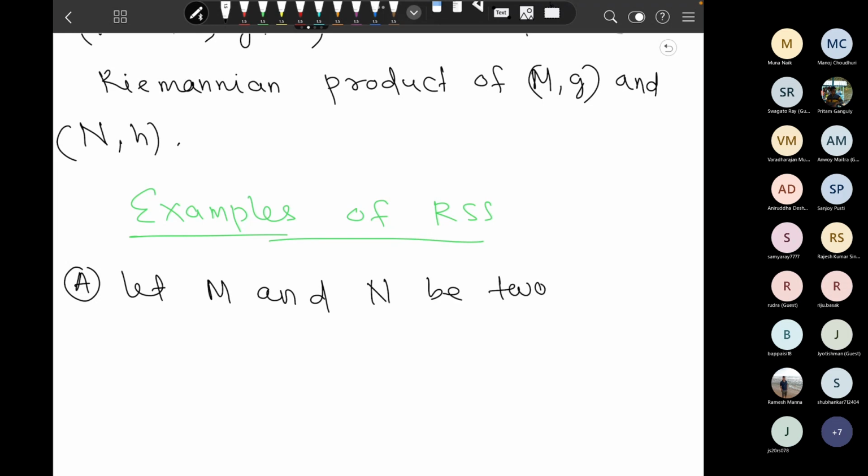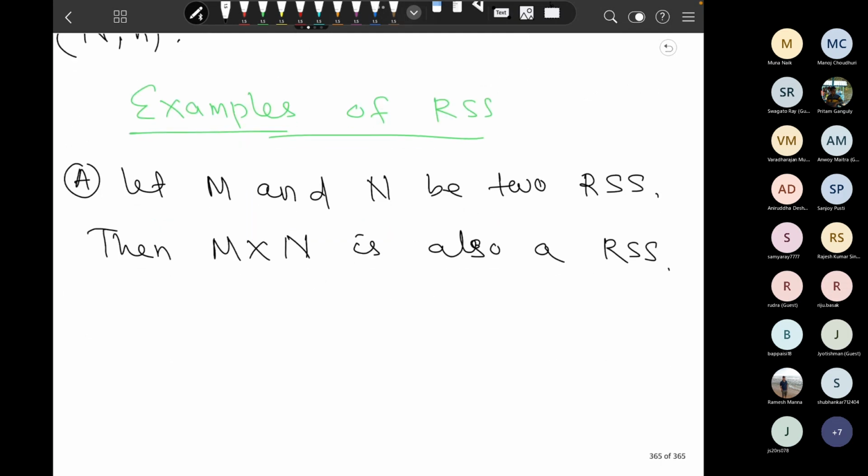Then the Riemannian product M cross N is also a Riemannian symmetric space. What is the metric, you know, and the geodesic inversion I have to specify.